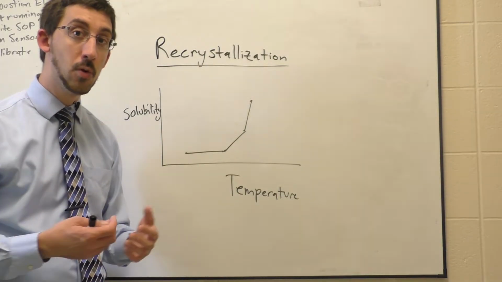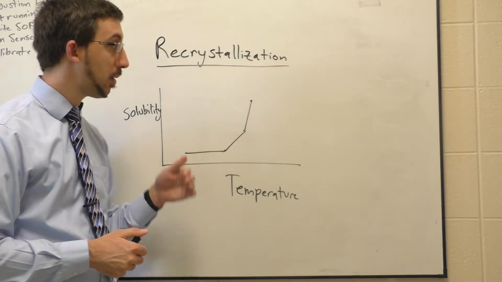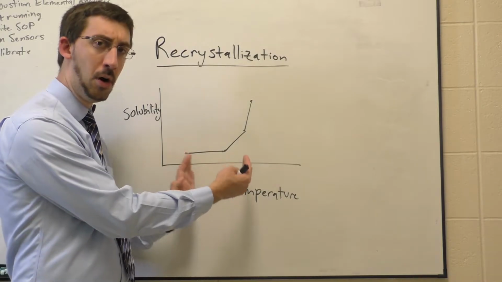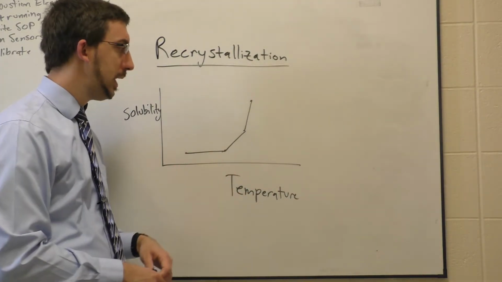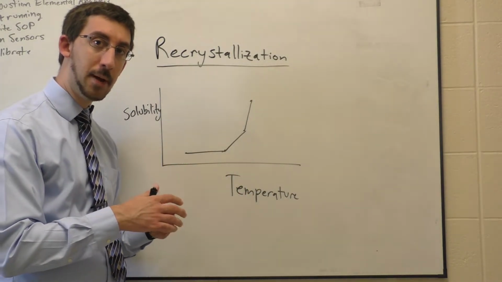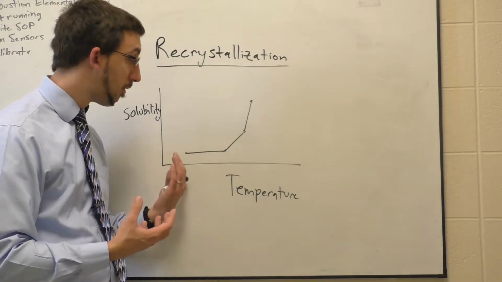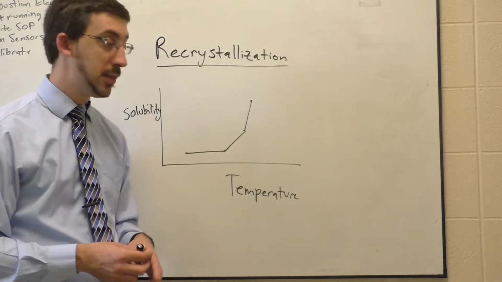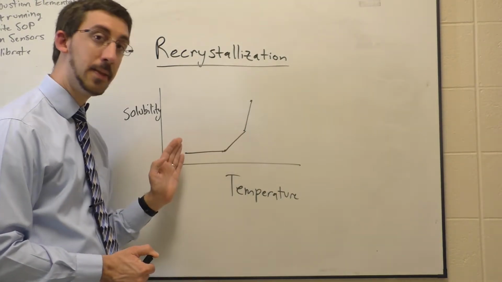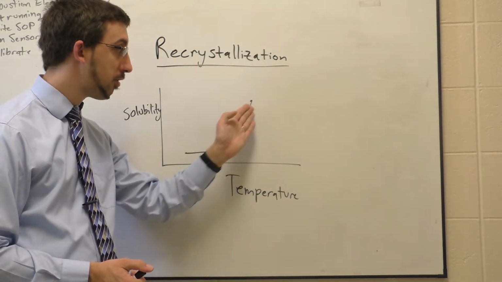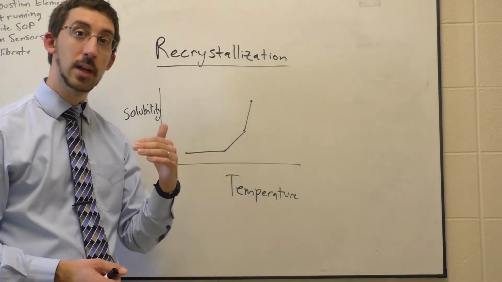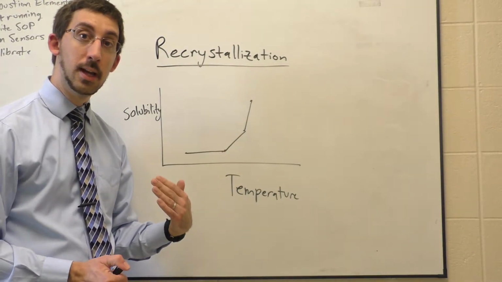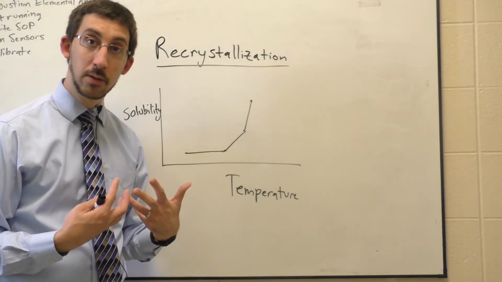And this is good for a recrystallization because in a small temperature window, we can heat the compound in the solvent, cause everything to become soluble, but then when the temperature cools back down again, because of the large difference in solubility between the high temperature and low temperature, that compound will no longer remain soluble in the solvent.